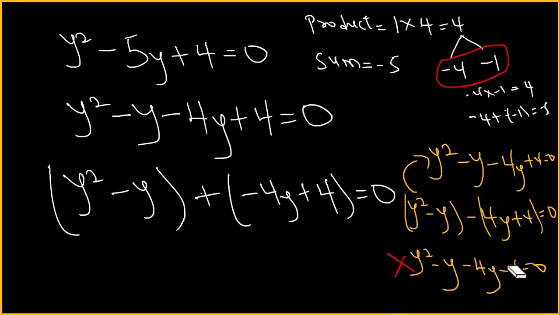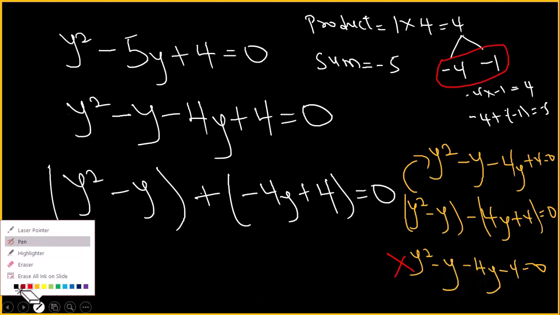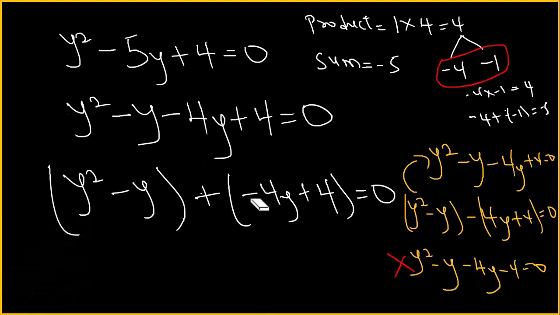So please, we should all bear in mind and stick to the right thing. Either you group them into two, y squared minus y in a bracket, then do the same for negative 4y plus 4 in another bracket, and between these two brackets the operational sign should be plus.